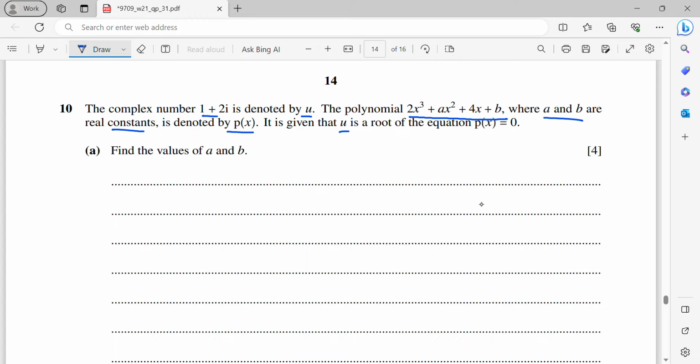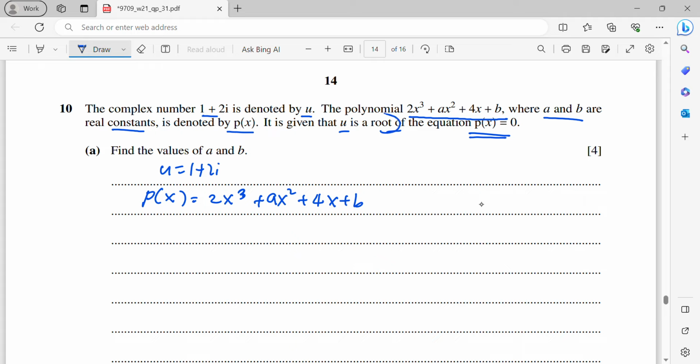It's given that u is a root of the equation p(x) equals 0. Find the values of a and b. So from here, we know that u is 1 plus 2i, and p(x) is 2x cubed plus ax squared plus 4x plus b.